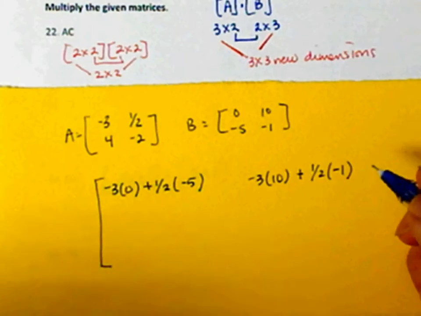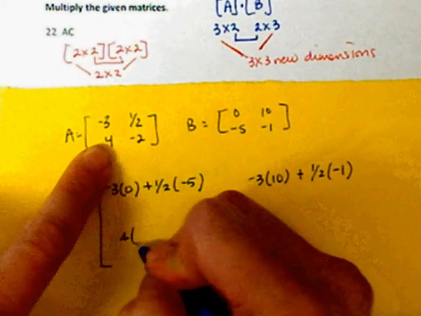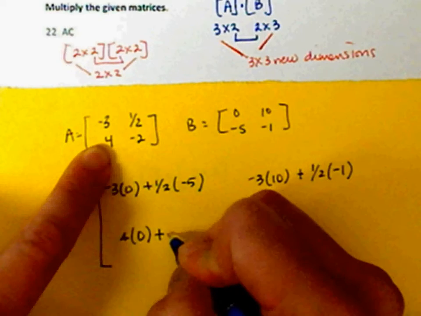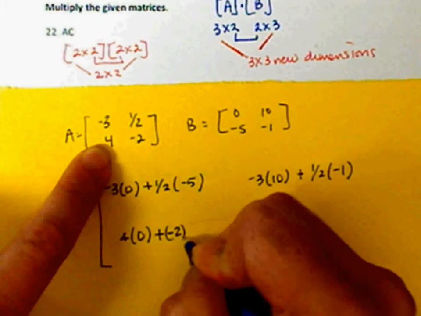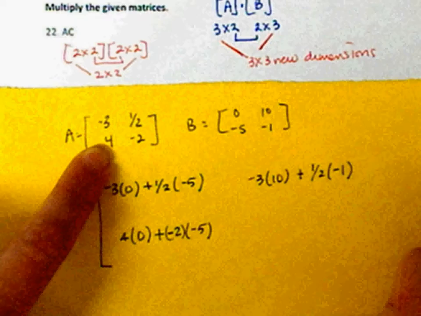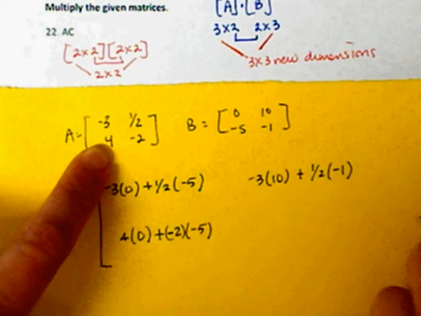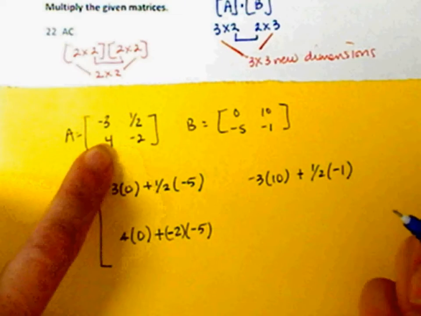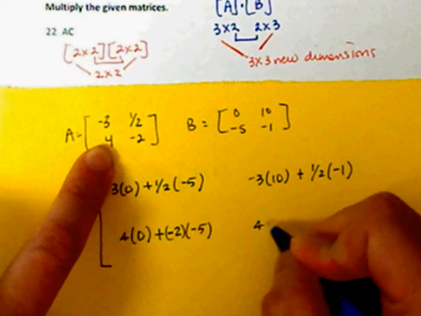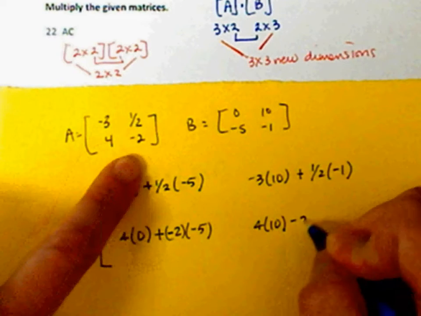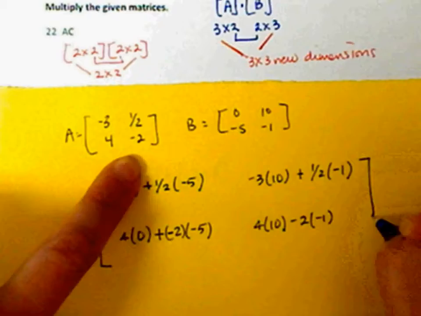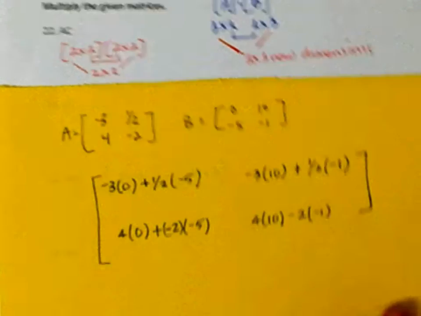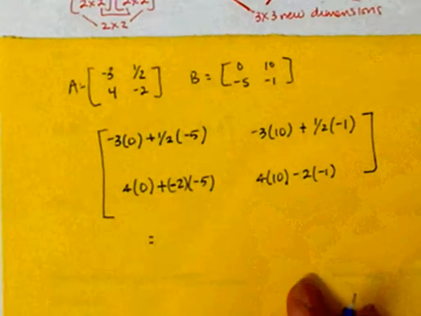And it just gets into a pattern. Next, 4 times 0 plus negative 2 times negative 5, or you can just write minus 2 times negative 5. Your next one will be 4 times 10 minus 2 times negative 1. Okay, and you pretty much just work all that out, and guess what you have?